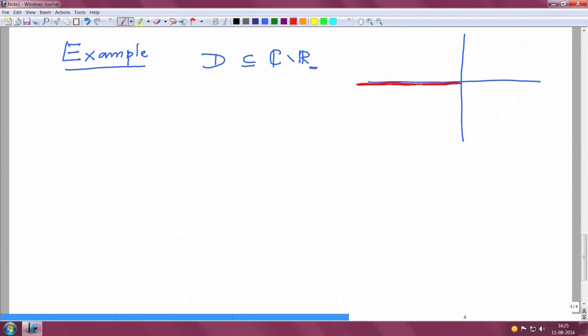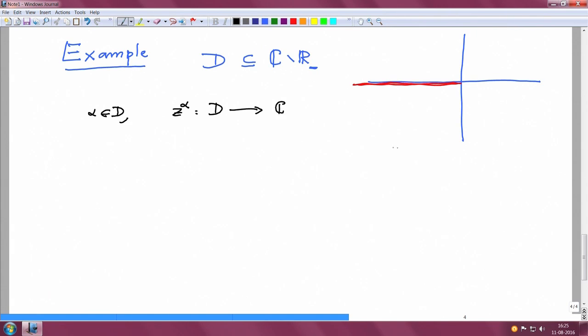This is omitted because we are considering these functions z power alpha. These are functions for each alpha in C, alpha in D. I am considering these functions z power alpha, which are functions from D to C.